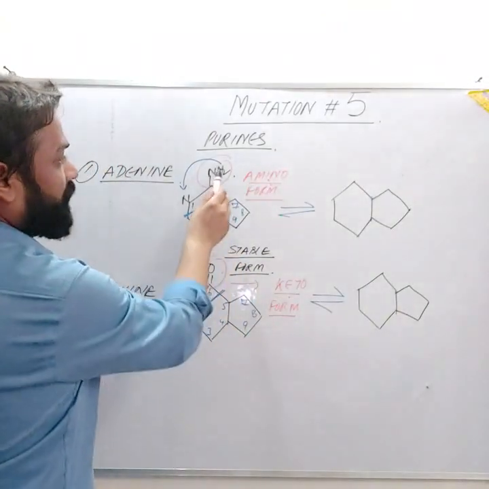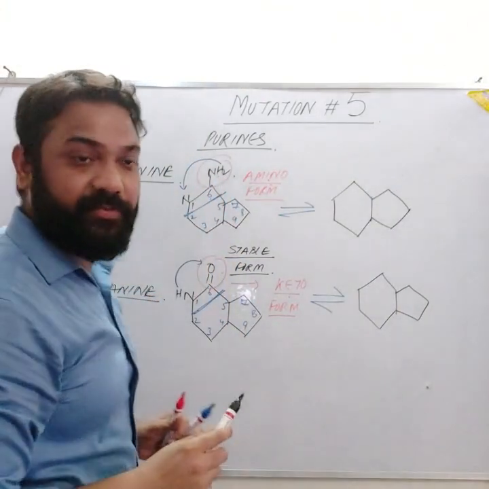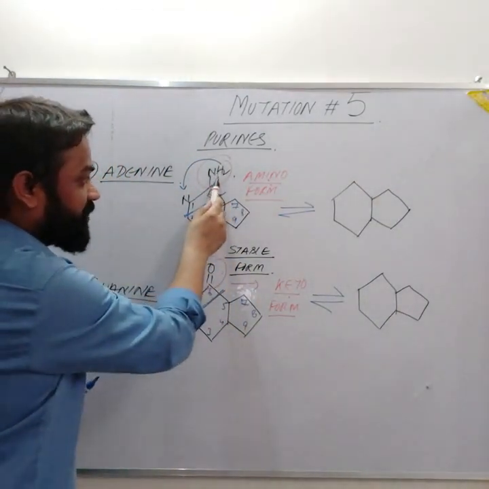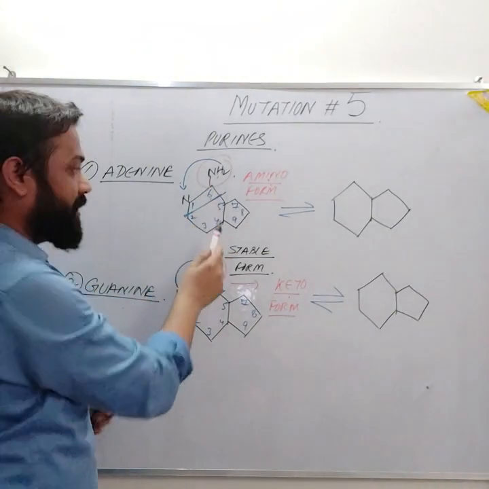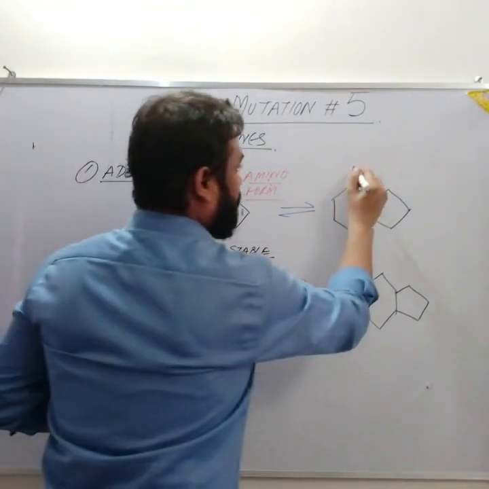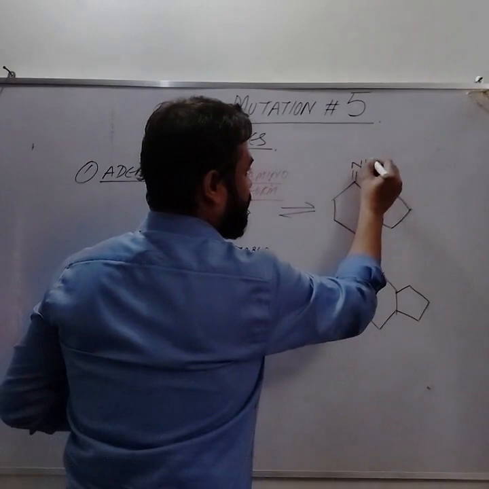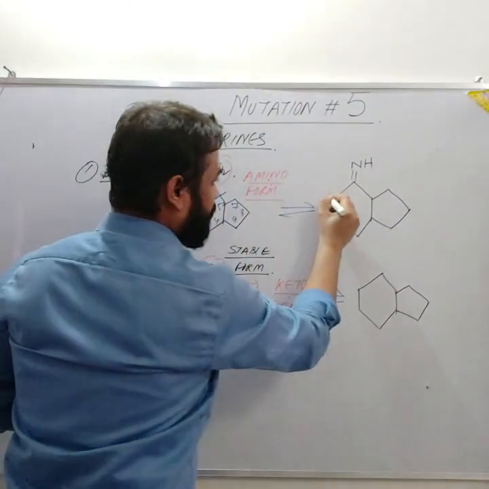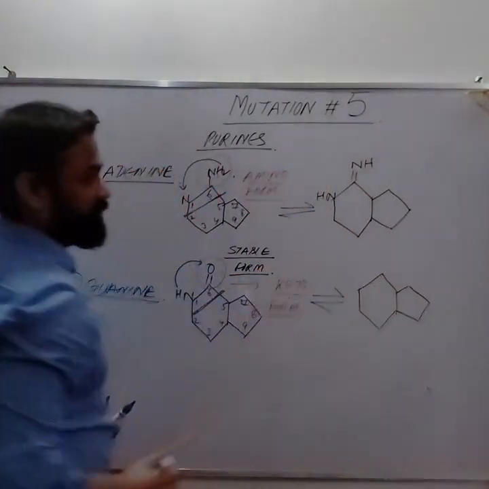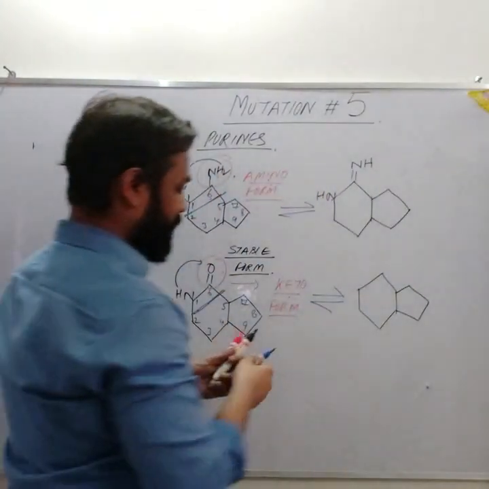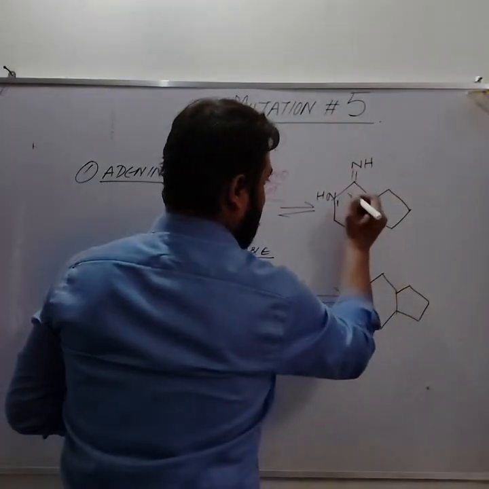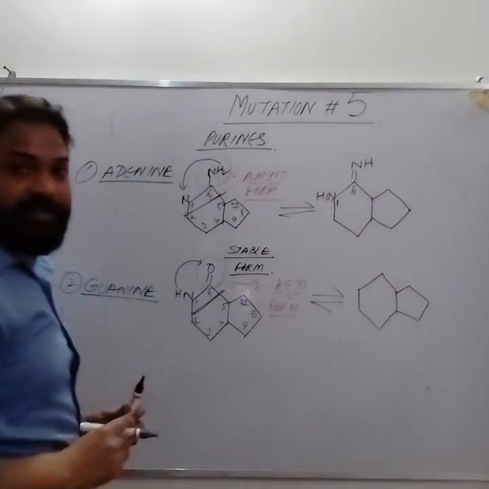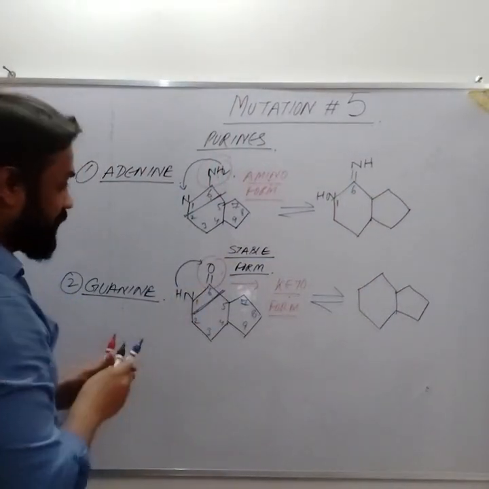Now since one hydrogen from here has come from position number 6 to position number 1, here it becomes this. This is the structure, and it is occurring between position number 1 and 6. The same over here.